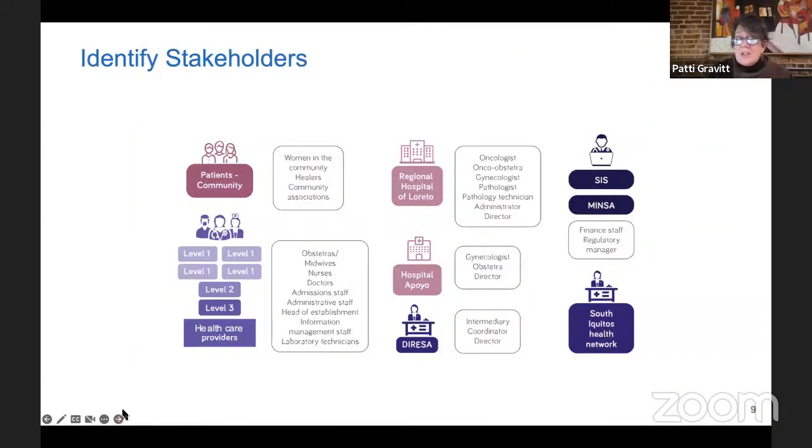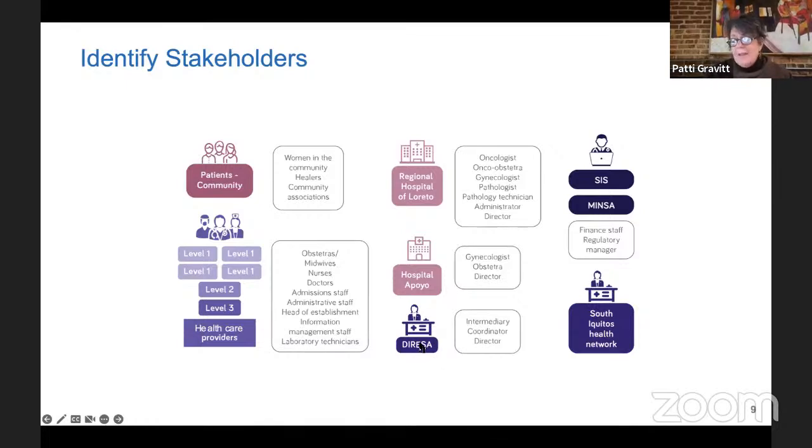This is just to say that this started with a snowballing kind of effect of identifying stakeholders. We found a few people who we knew in Iquitos were key champions of public health and cervical cancer screening. We engaged women in the communities, the natural healers, community associations, a whole host of multi-level health system providers at the different levels, there were 2 regional hospitals within Iquitos that would be primarily responsible for the management and treatment of either screen positives or women with cancer.